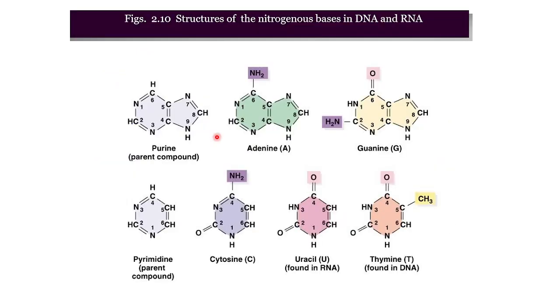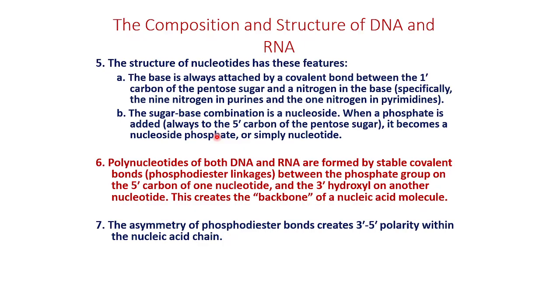So for DNA you have adenine, guanine, cytosine and thymine, and for RNA it is adenine, guanine, cytosine and uracil. So there are 4 combinations in which they can be present for carrying the genetic material. So it can be AGCT or AGCU in the case of RNA.